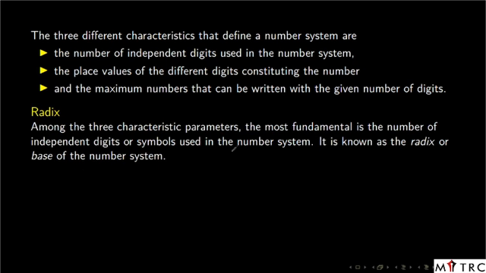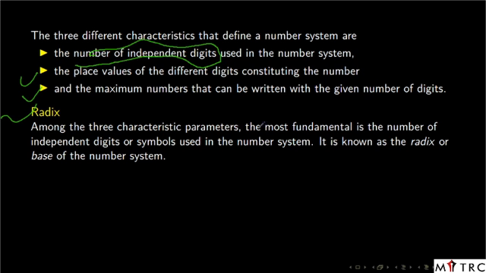Now the number of independent digits is what we call the radix. That is the most important term for defining a number system. This radix defines the second and third characteristics as well. So what is radix?